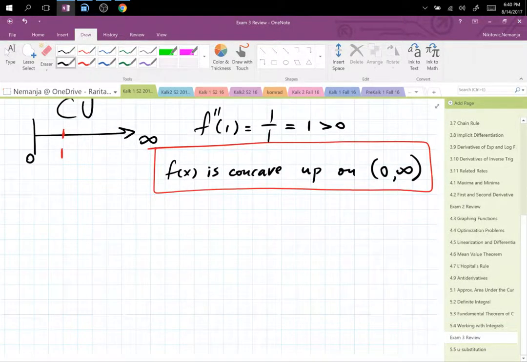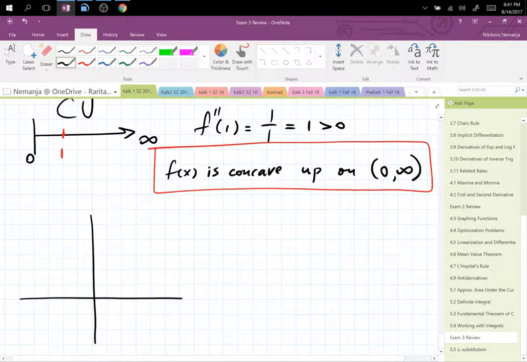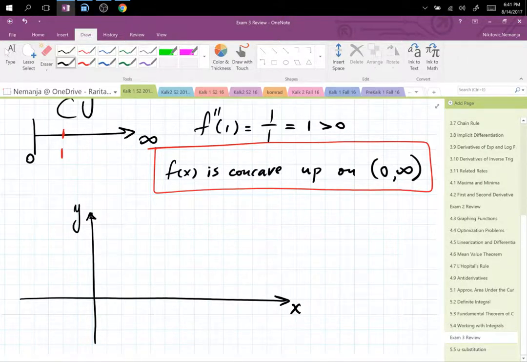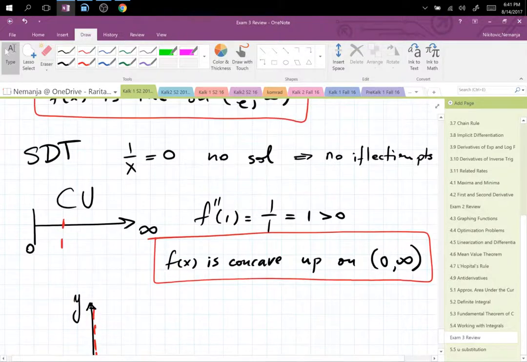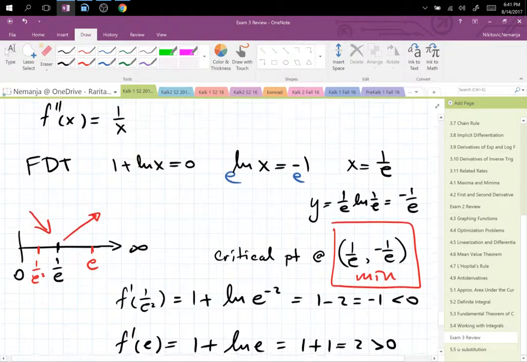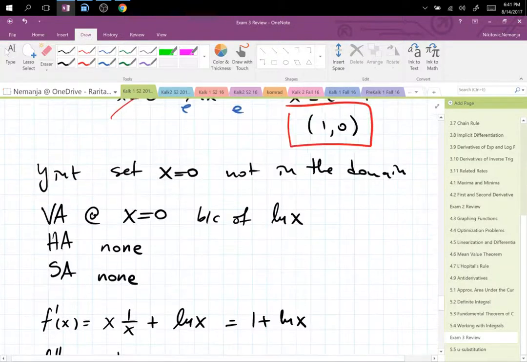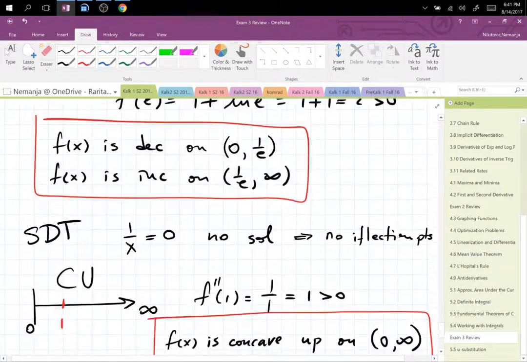So now to graph. We don't need to draw anything to the left because there's no domain there. We have a vertical asymptote at x equals 0, which is the y-axis. We have the x-intercept at (1, 0).